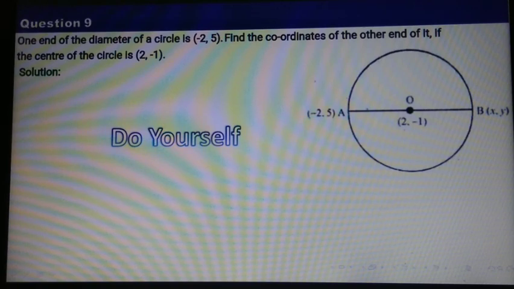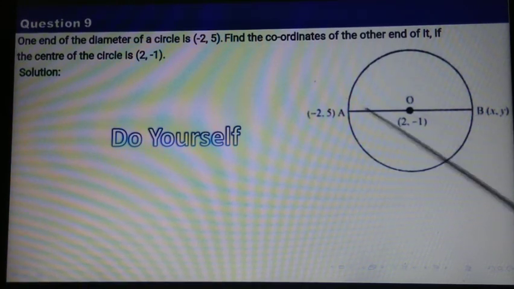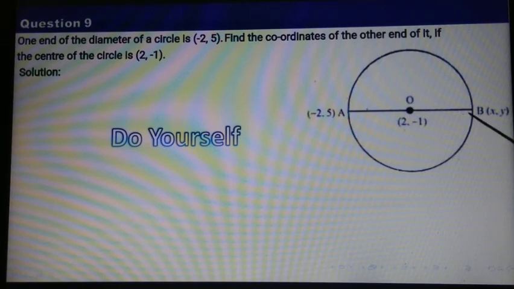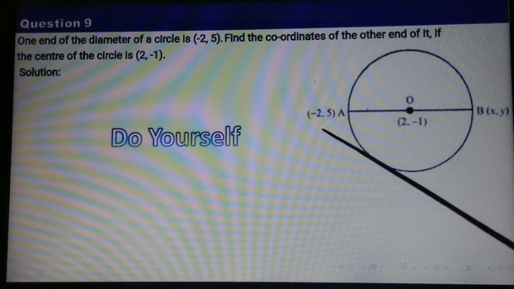Okay, let's go to the next one. The question says, one end of the diameter of a circle is (-2, 5). So there's a circle, and this AB is your diameter. If AB is your diameter, your center will be O, and this O will be the midpoint of AB, right? So the coordinate of A, one end, is given.